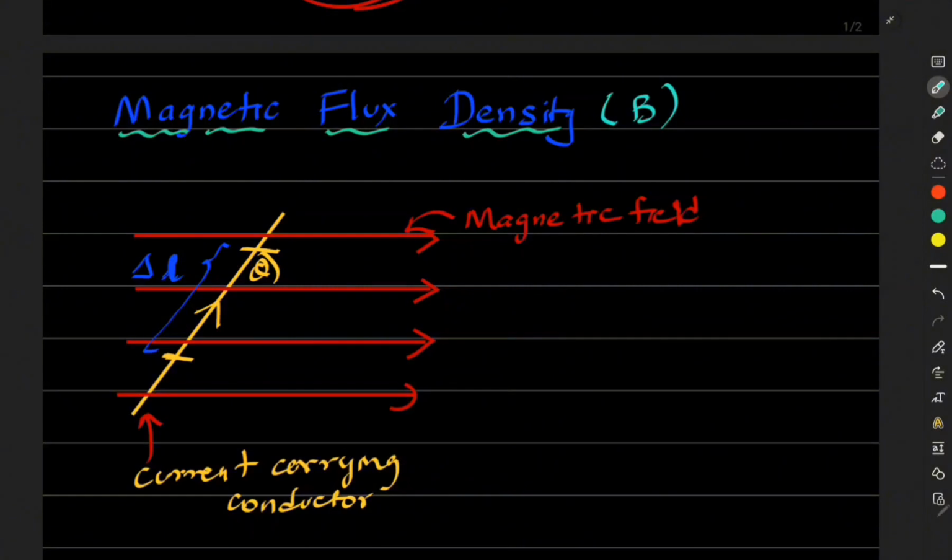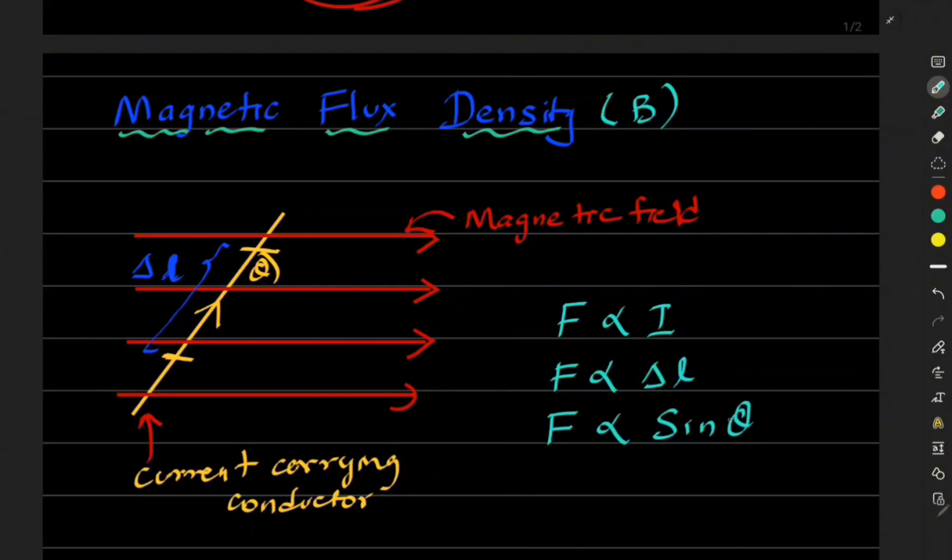The force is directly proportional to the current carried in the conductor, and the force is directly proportional to the length L of the conductor in the field, and the force is directly proportional to the sine of theta, the angle between the magnetic field and the current conducting wire.